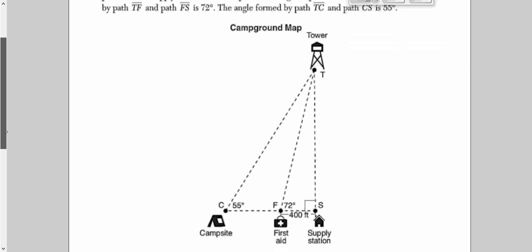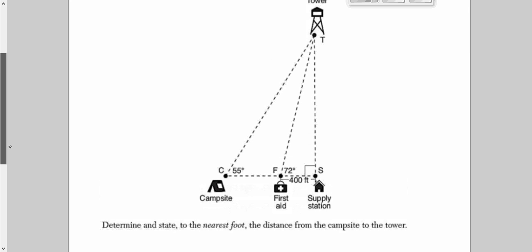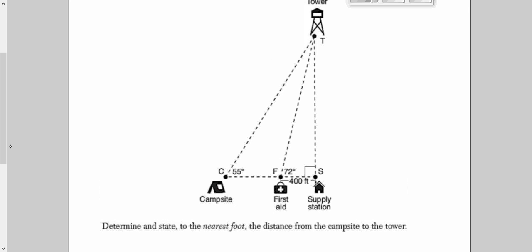They want the distance from the campsite to the tower, right? So that's right here. Everybody agree? So maybe I'll call that X. Maybe I'll highlight the two triangles we have. So X is part of our big right triangle, isn't it? And then we have this other right triangle, highlighted in a slightly different color here.